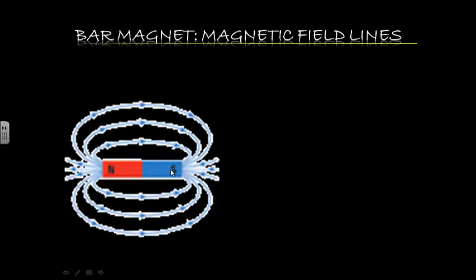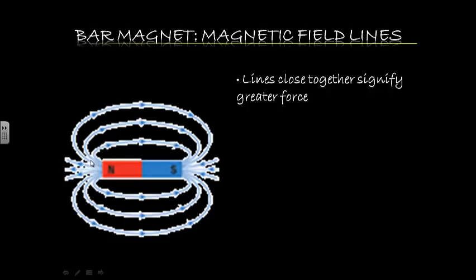Inside the magnet, it'll be opposite. They're circular, and the closer the lines are together, as here they are and here, the stronger the force, or the stronger the magnetic field. As you move away, the lines will become further apart.